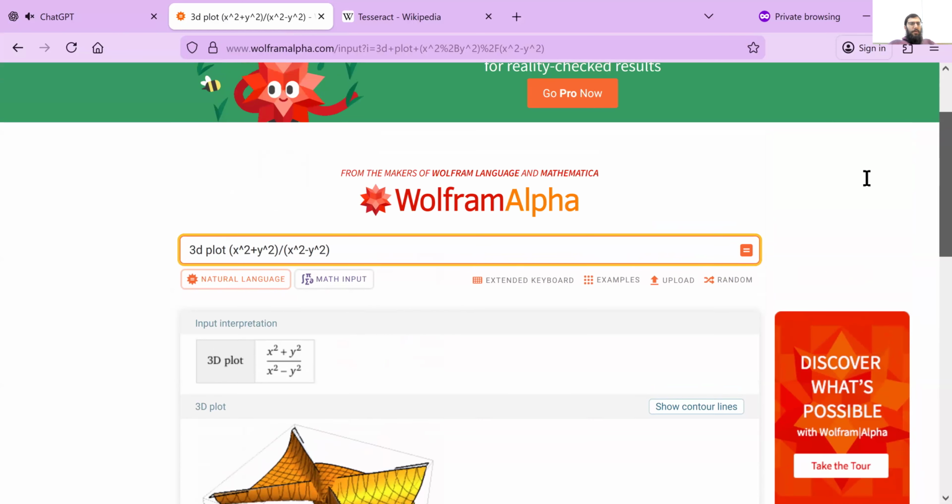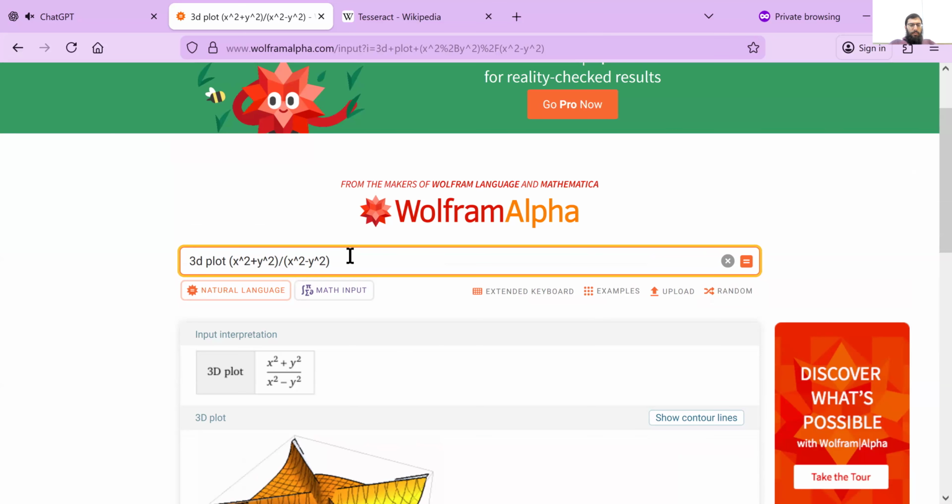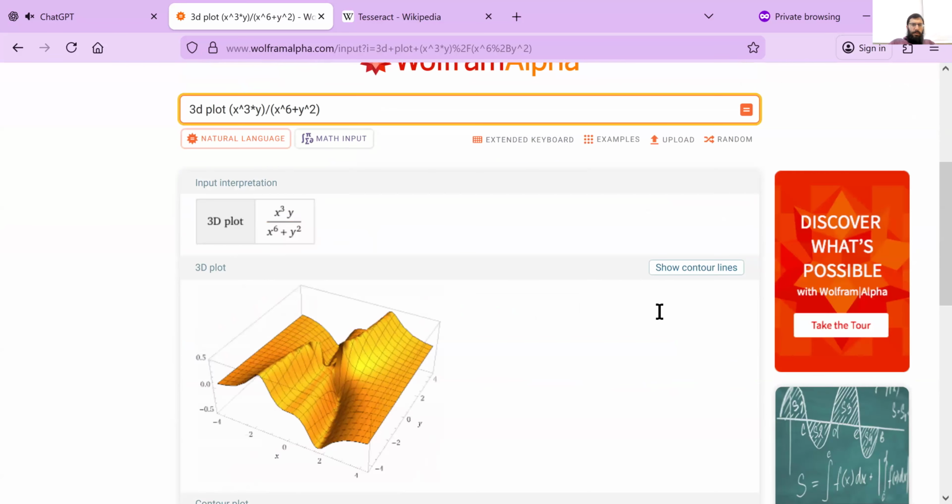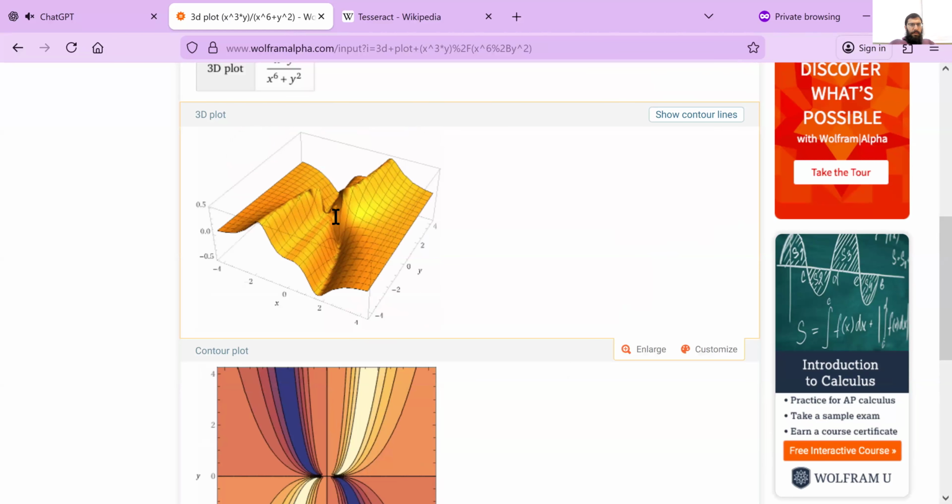Yes, well, we can look at it, but here the function was x cubed multiplied by y over x to the power of 6. So here again, 0 is something here in the valley.